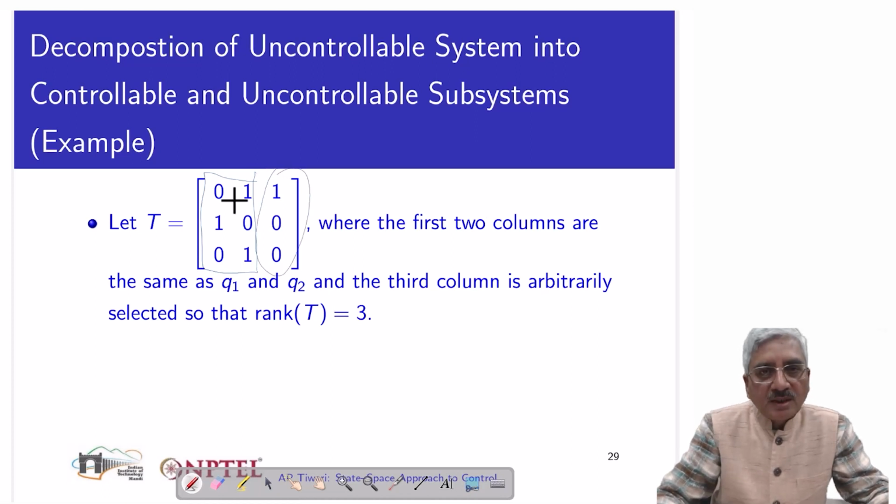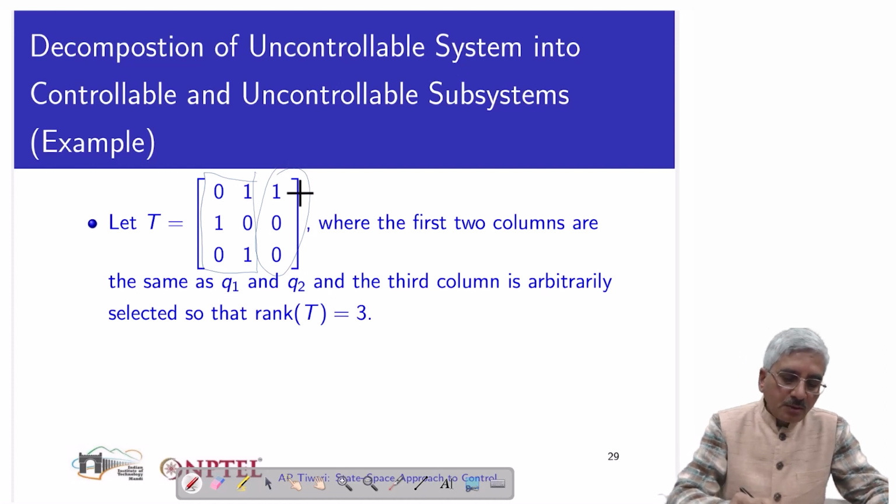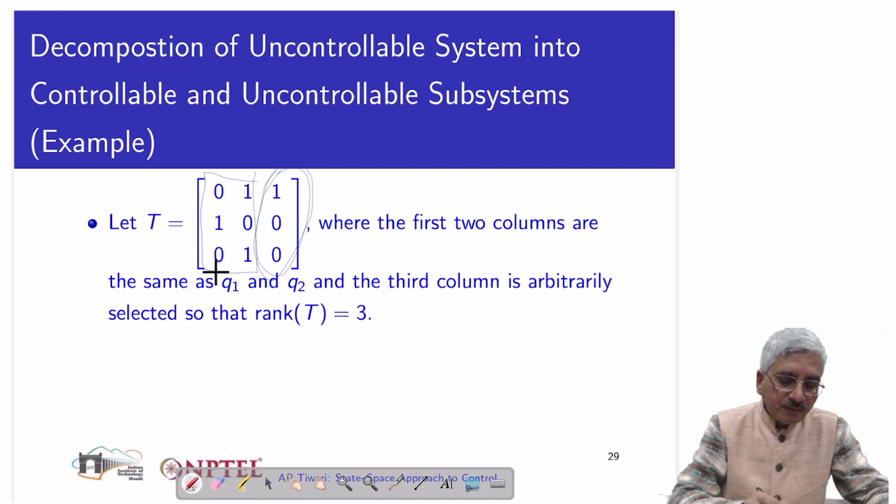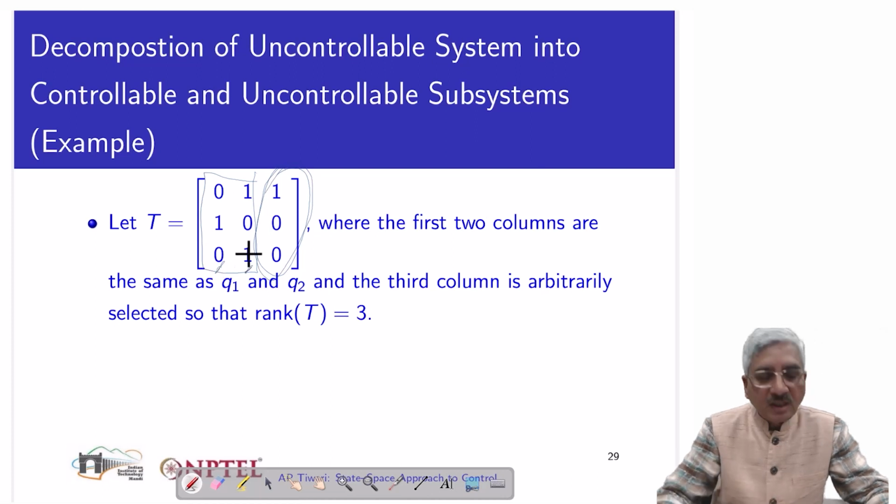There may be multiple choices possible, but while selecting we have to take care to make simple selections for ease of mathematical manipulations. So if we select it as 1 0 0, then it will be independent of these two columns, and the overall T will be of rank 3.